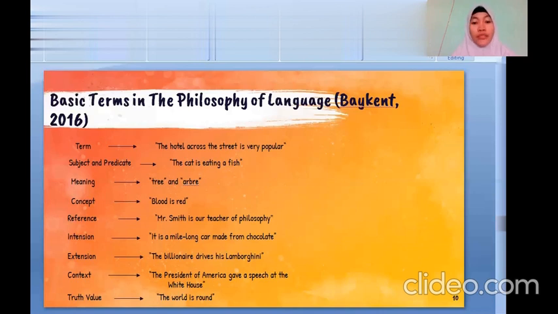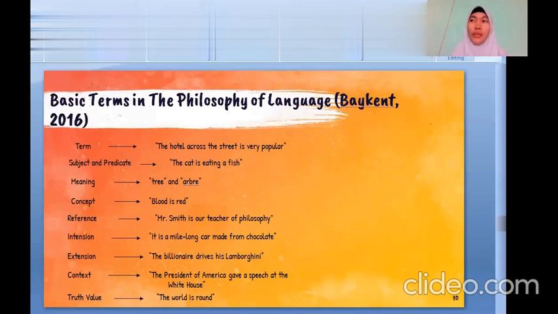Next about reference. Reference is the objects, persons, events or places referred to by the use of words. For example, Mrs. Smith is our teacher of philosophy. Based on the example, Mrs. Smith is a person, as I said before.